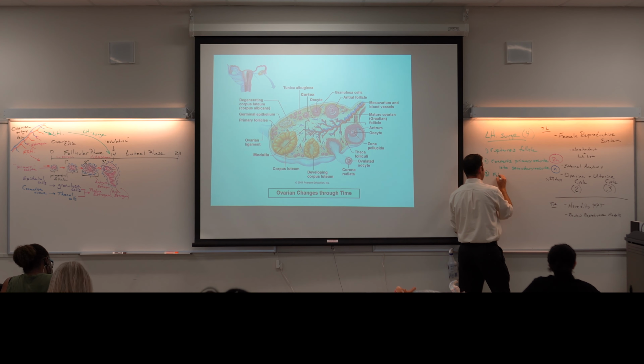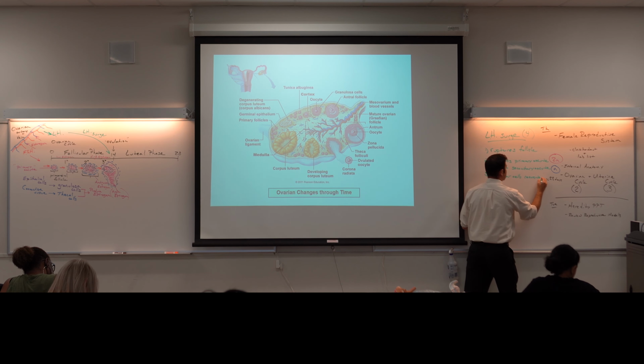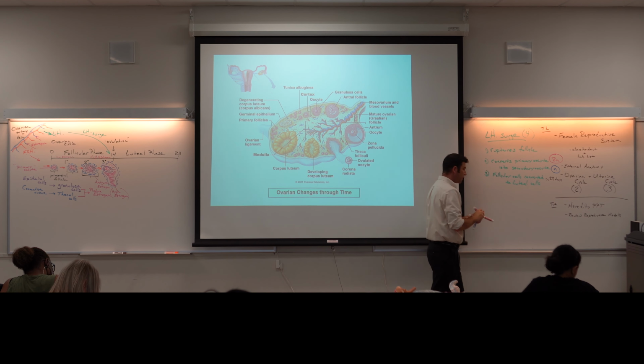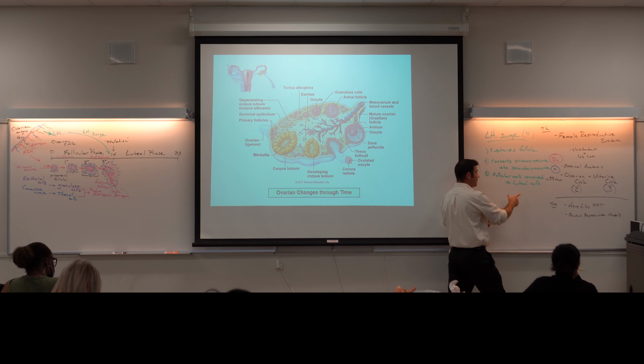So follicular cells converted to luteal cells. These luteal cells are going to have a yellow color, hence their name, luteal cells. It means yellow body.